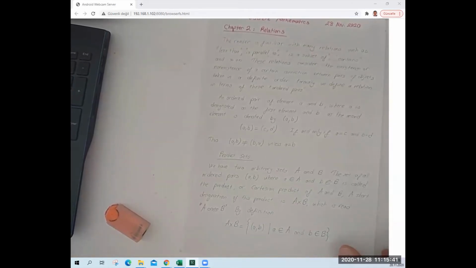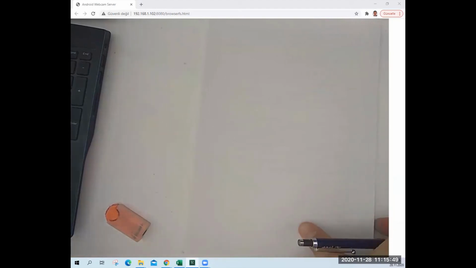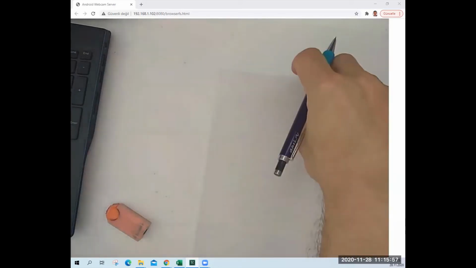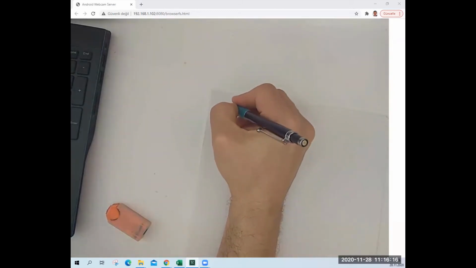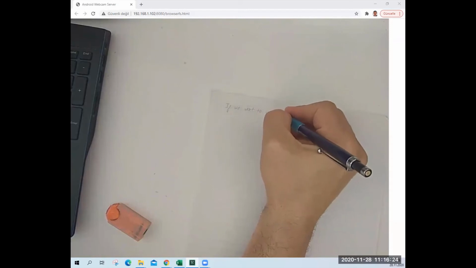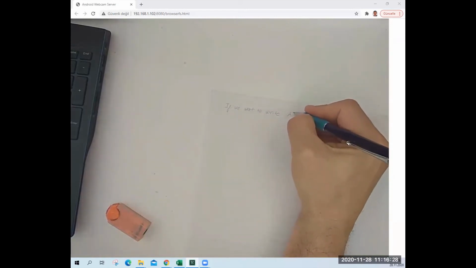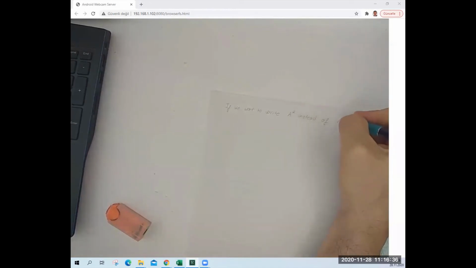If we have a product relation for only set A, at that time, okay, let's say this is page 2, if we want to write A squared, it means A cross A.